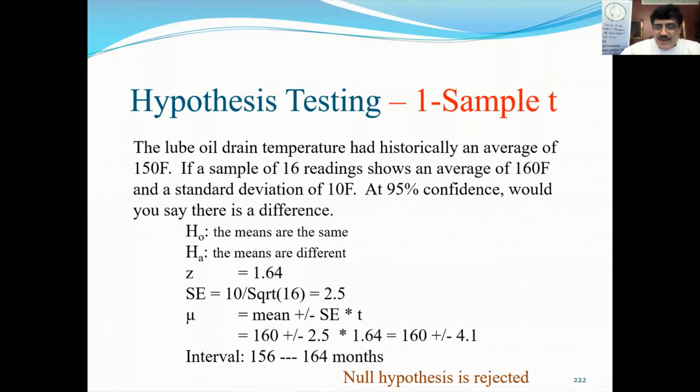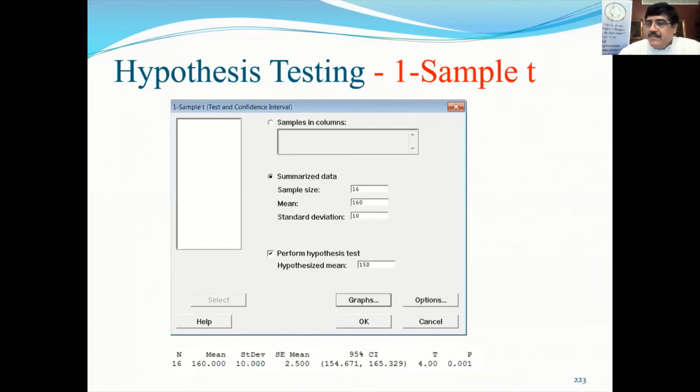There's still people following. Okay, but again, you don't need to do this calculation. If you have a software, the software will do it for you. But you need to understand what's in the software. That's why we show you this. If you have summarized data with a sample size of 16, and a mean of 160, and a standard deviation of 10, and this is your hypothesized mean from the past, then you hit OK, and it will give you the analysis.